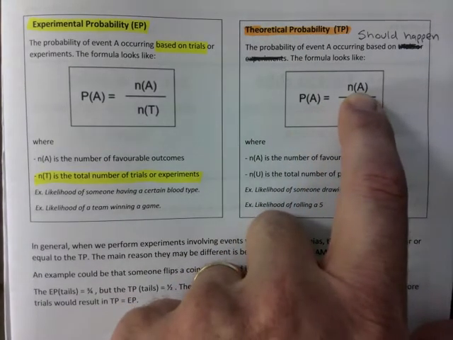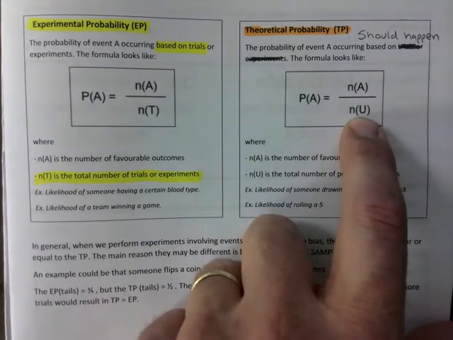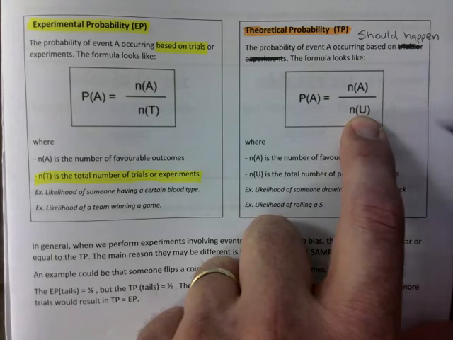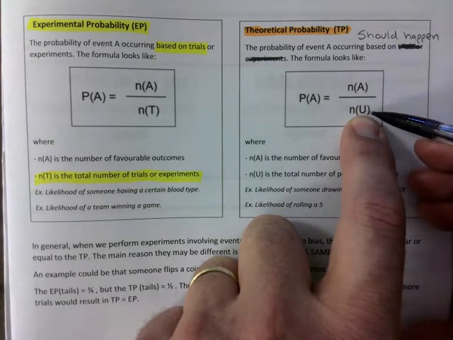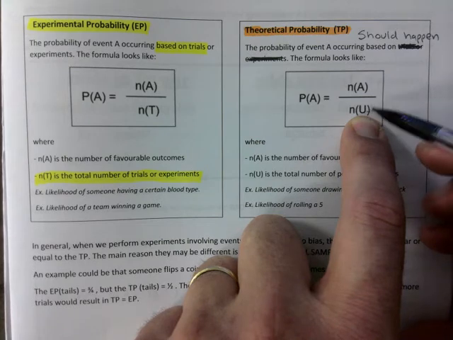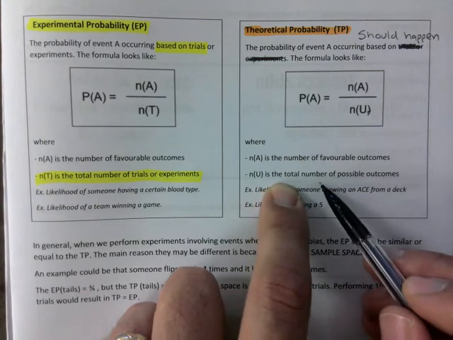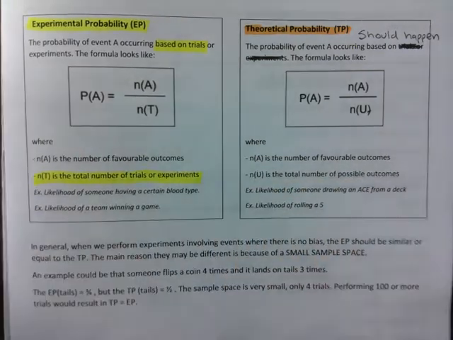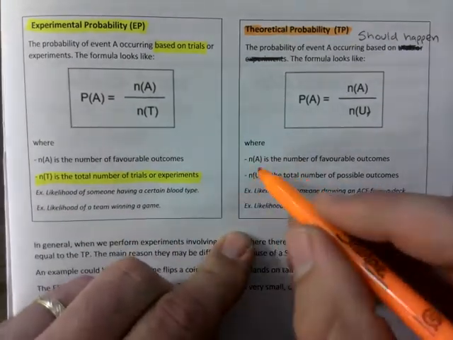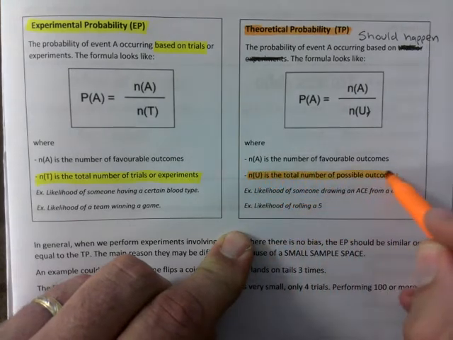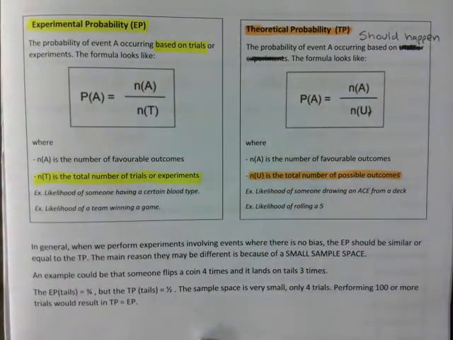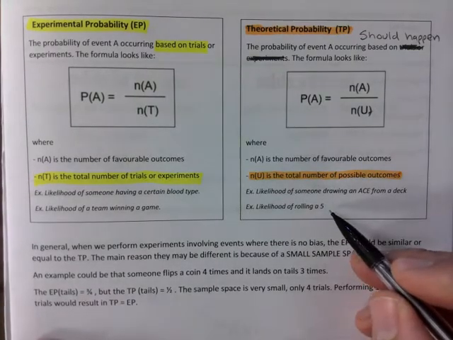So notice that it's the number of favorable outcomes over the universal. The universal set is determined by how many cards there are, how many sides the die has. We can figure that out. So U is the number of possible outcomes. Examples: the likelihood of drawing an ace from a deck, the likelihood of rolling a 5.